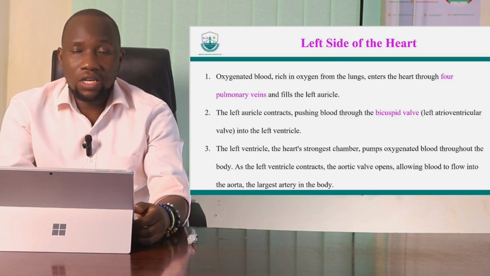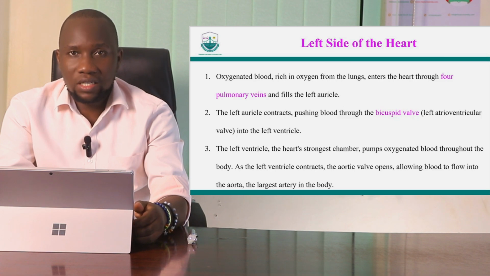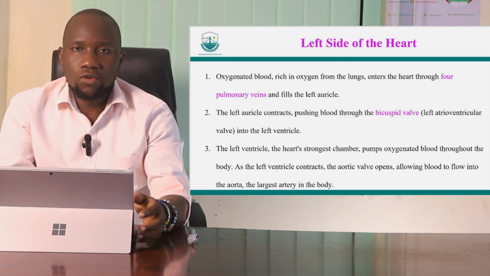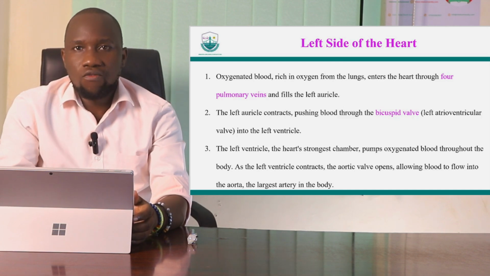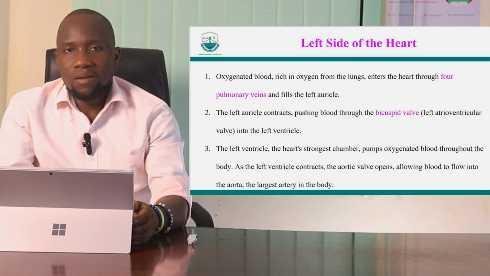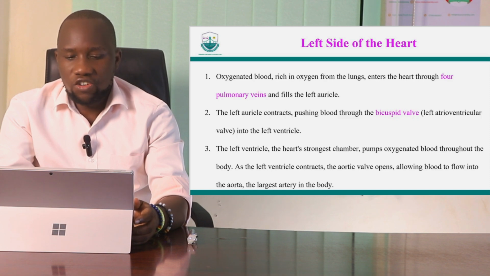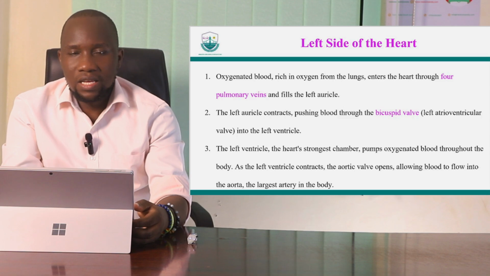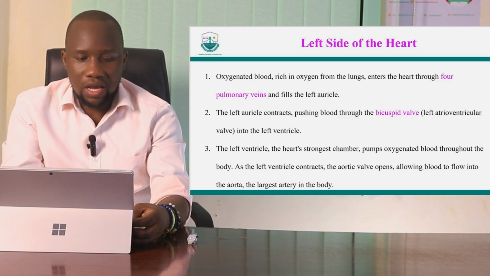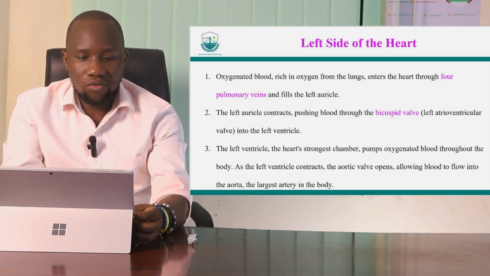And then when the atrium contracts, it pushes the bicuspid valve to open, and then the blood enters the left ventricle. In the left ventricle, when contraction happens, that blood is pushed through the aorta to the rest of the body parts.